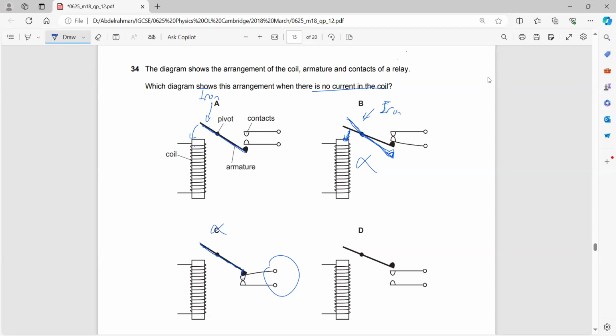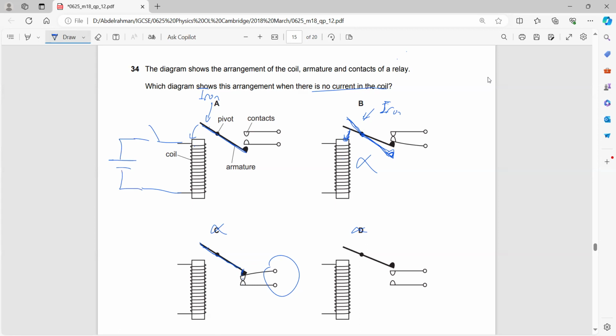That's why C and D have to be canceled out. If you see this question, you should cancel out C and D. Why? Because there shouldn't be a current in the other circuit when there's no current in the coil. For example, this coil is connected to a switch and a battery.